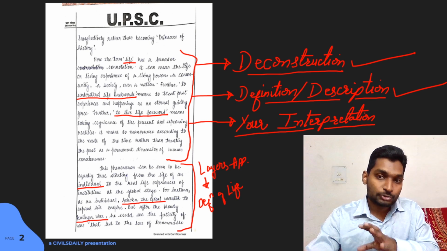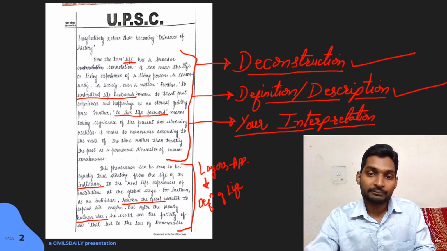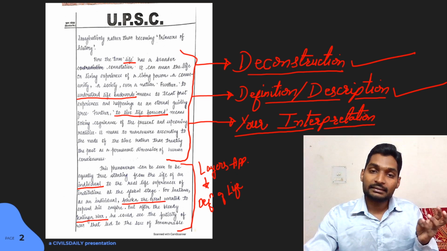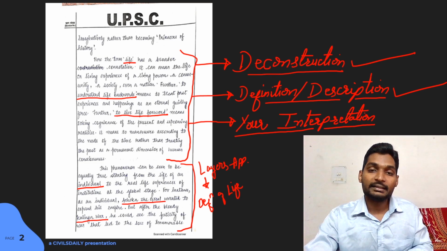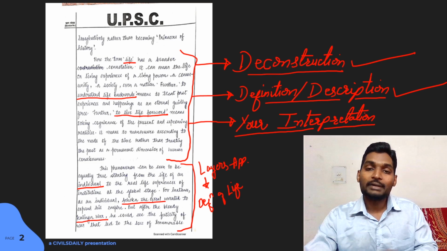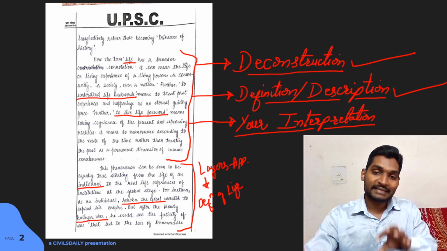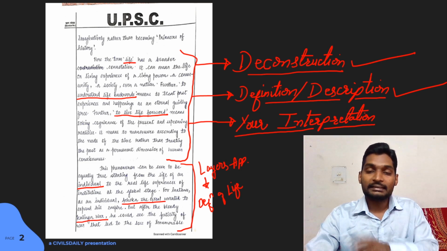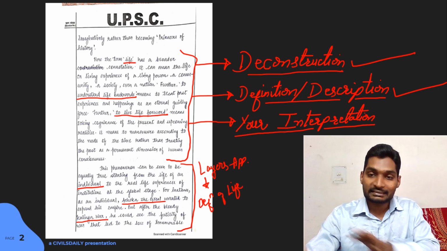What keywords do you have in this title? One would be life, another would be understanding it backwards, third would be living it forward. So, what do you understand by life? What do you understand by understanding life backwards, living life forward? That you need to describe well in the paragraph.